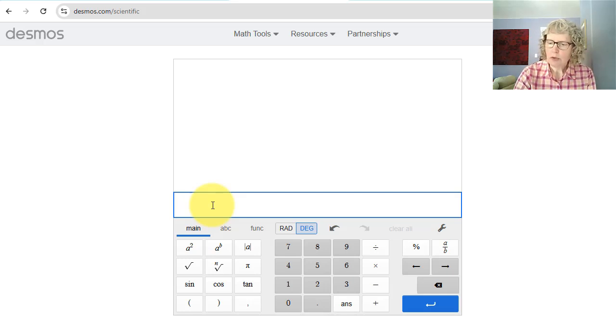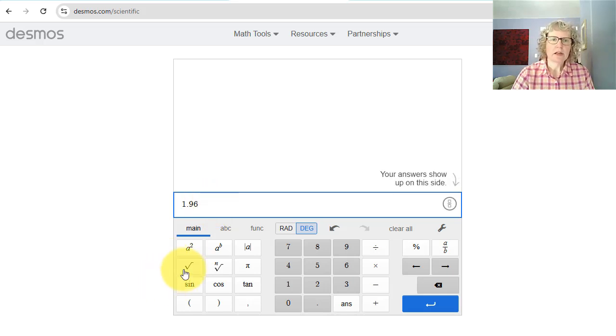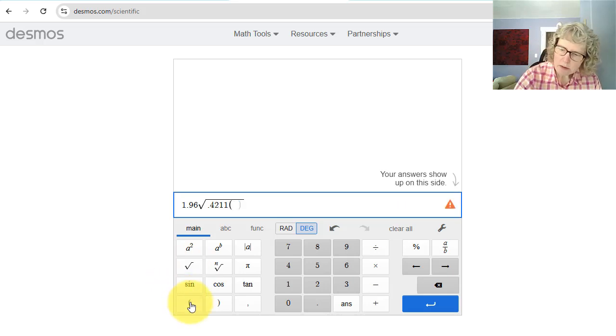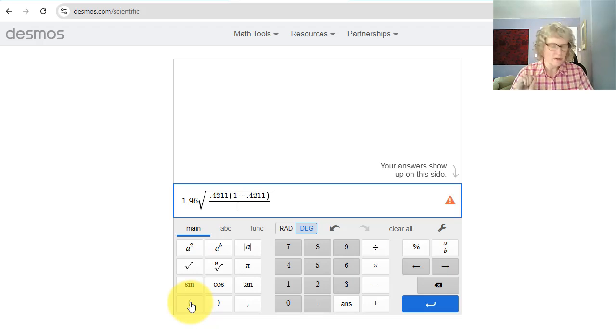So I'm going to put in the 1.96 times the square root of 0.4211 parentheses 1 minus 0.4211 close parentheses, and notice how I'm still in the square root over 38. Now to get over, I'm going to use the right arrow because I want to stay in the square root and do a plus.